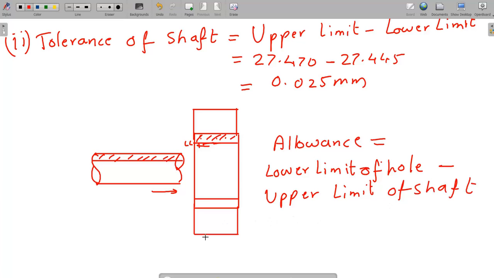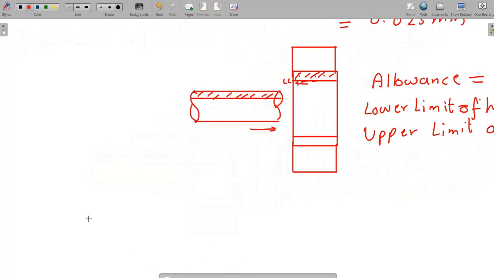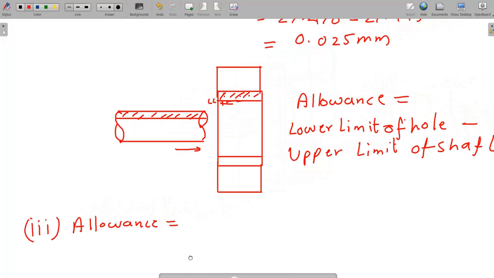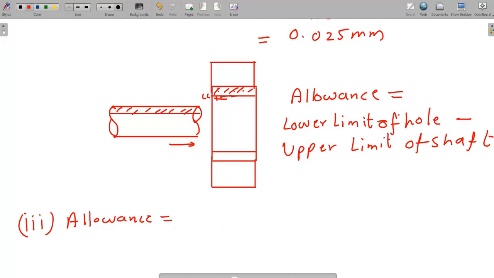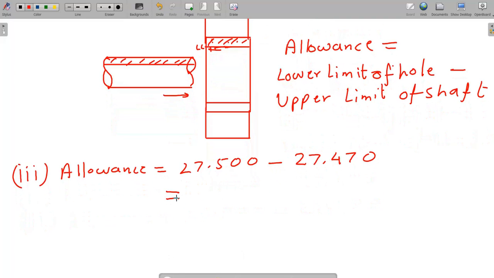In this case, third one, allowance equal to lower limit of a hole, how much it was? 27.500. Okay, minus upper limit of a shaft, so 27.470. So based on that, you get an answer of 0.03 mm.